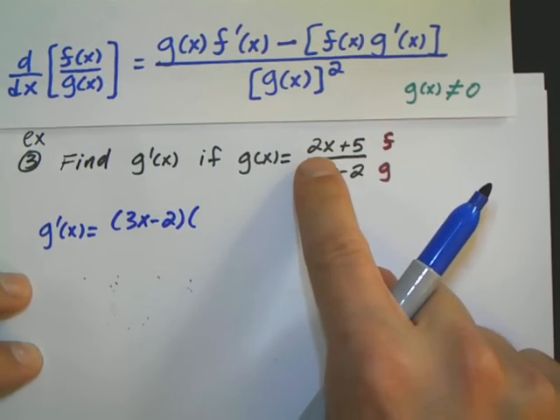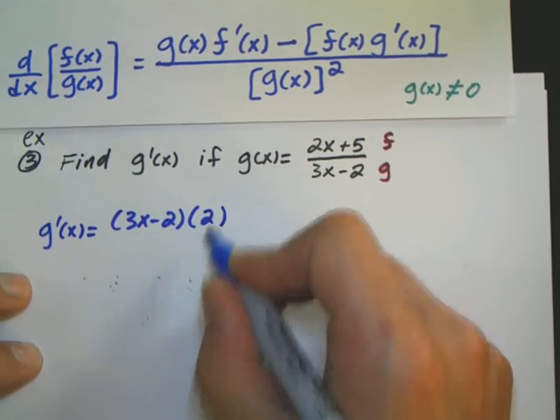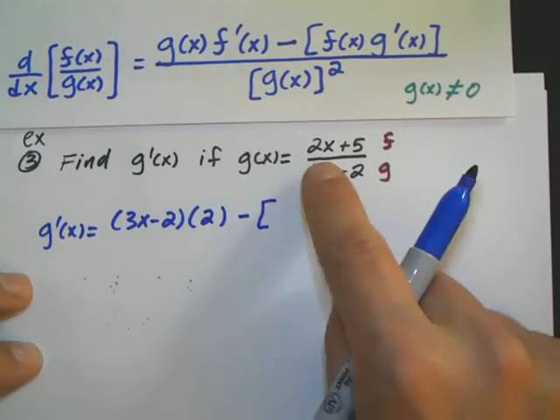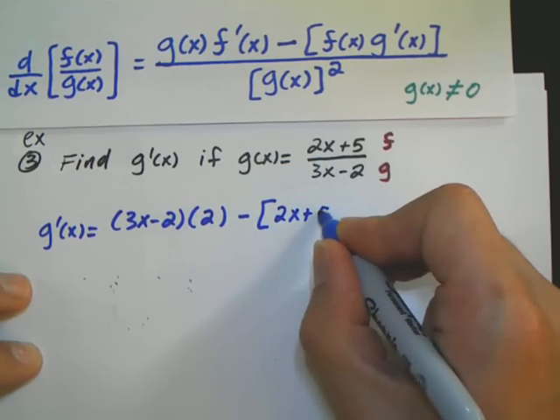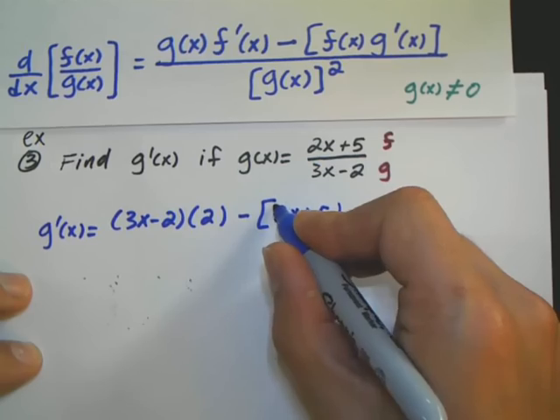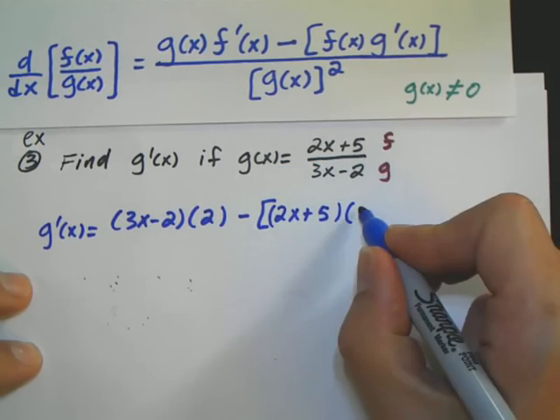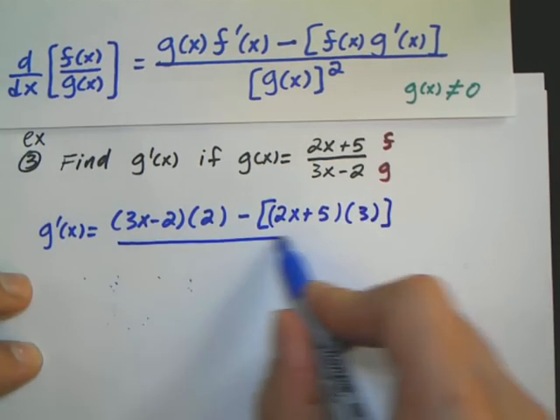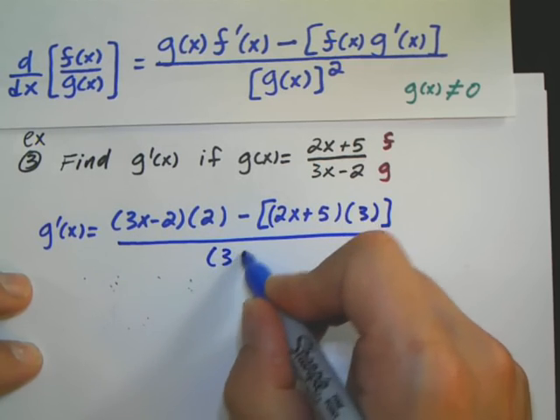The derivative of f is going to be just 2, minus f stays the same, so it's going to be 2x plus 5. The derivative now of the denominator is just going to be 3, all over the denominator squared.